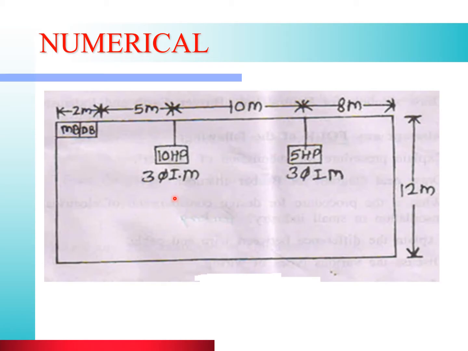For this industrial plan you have to draw the single line diagram individually as well as the wiring diagram of the motor individually. From that you have to calculate the current of motor. From that current you have to select the main switch, MCB, fuse, starter rating and the labor cost for installation of this motor and the wiring diagram.